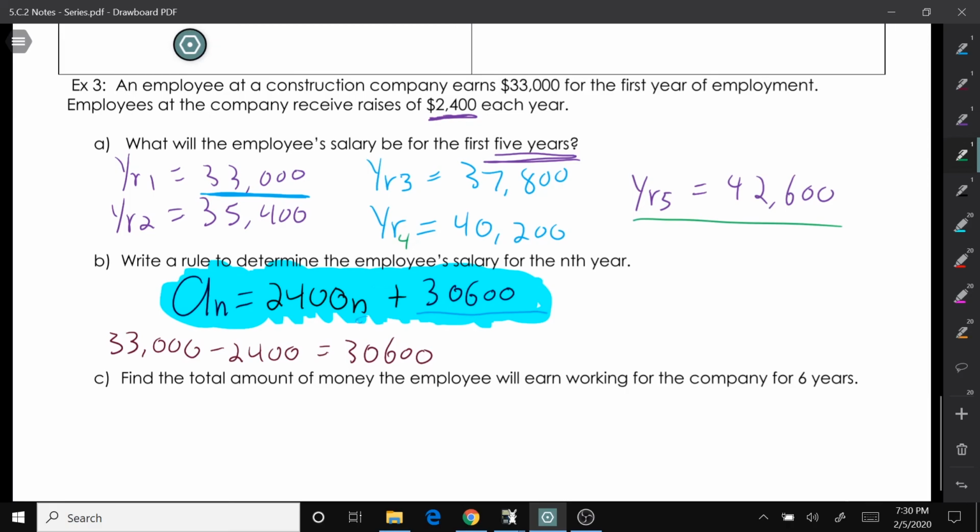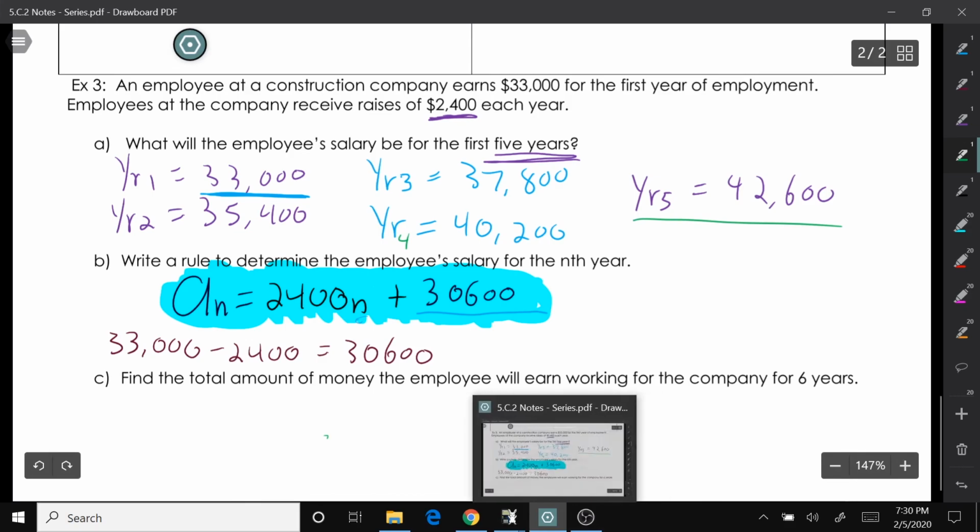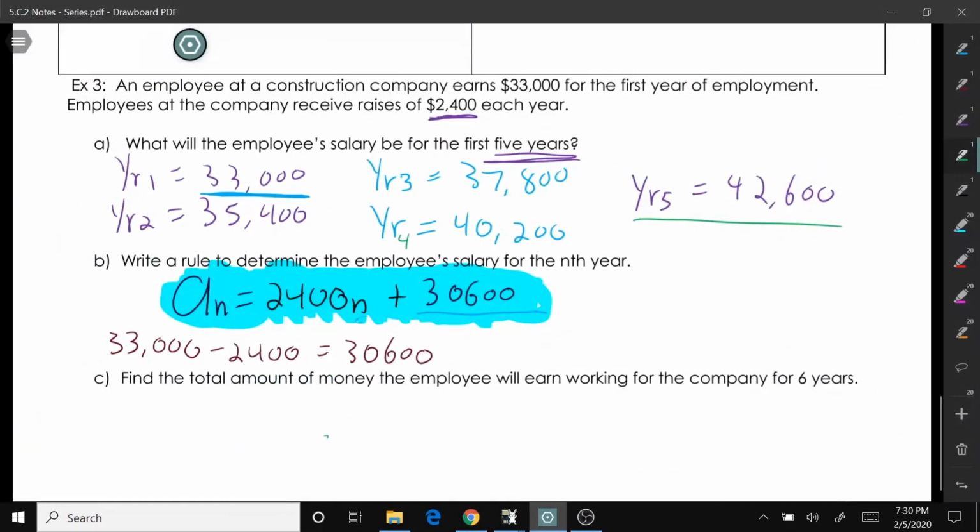Last but not least, part C. Find the total amount of money the employee will earn working for the company for 6 years. Well, we got all this information in part A. We can find out year 6 by adding another $2,400, and we will get $45,000.